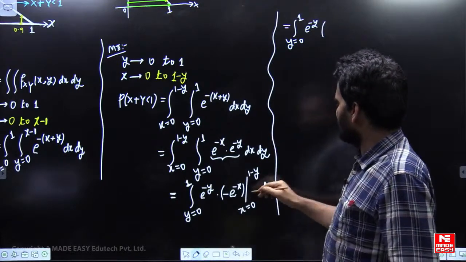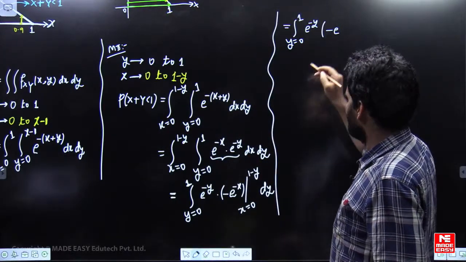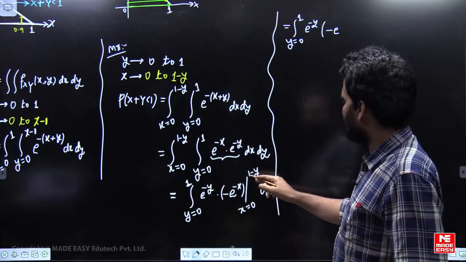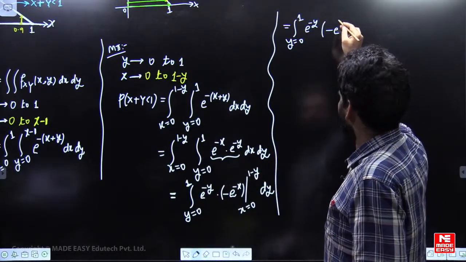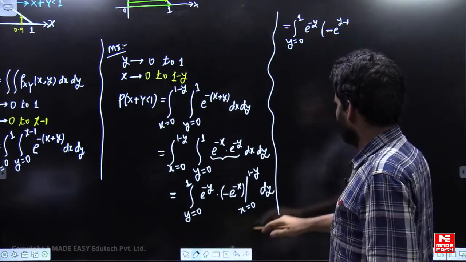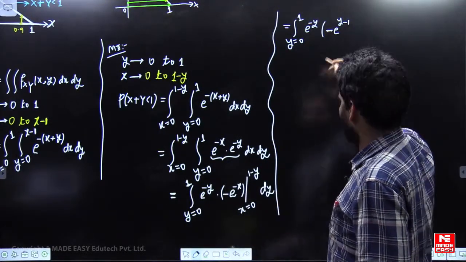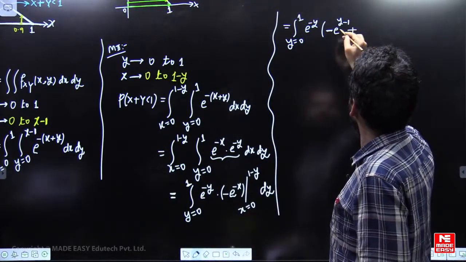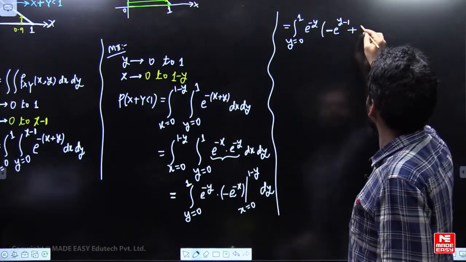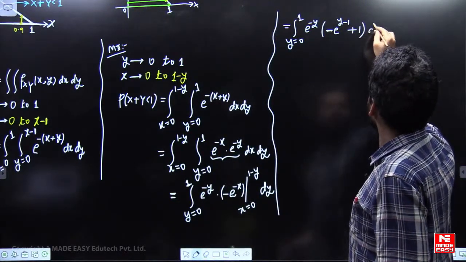If you substitute the upper limit, in place of x you have to substitute 1 minus y, so this is e power y minus 1. And minus of minus is plus only. e power 0 is 1. This is dy.